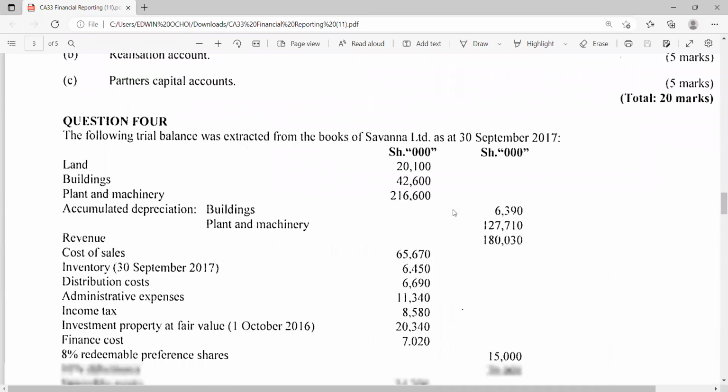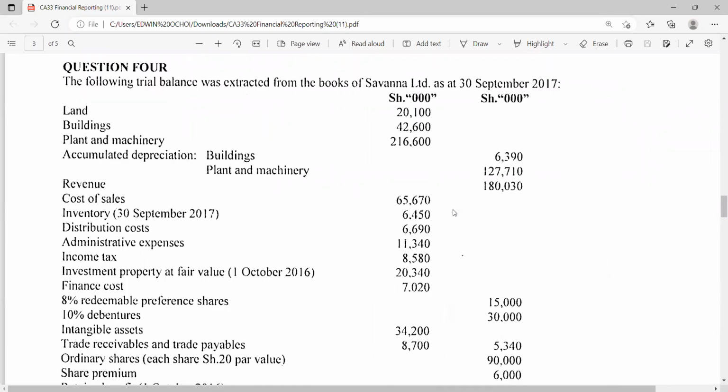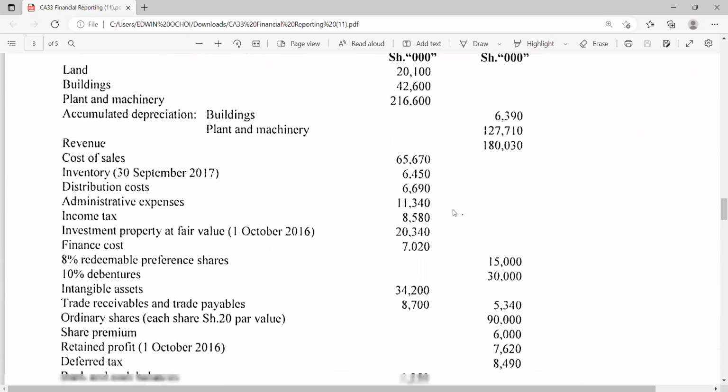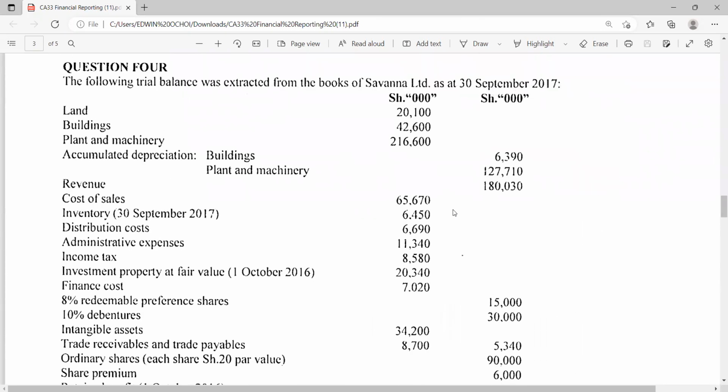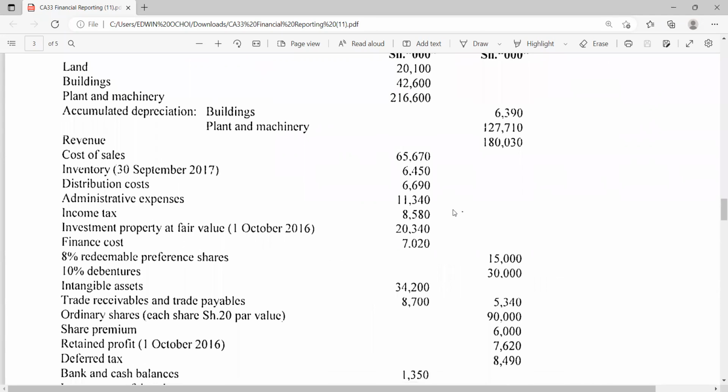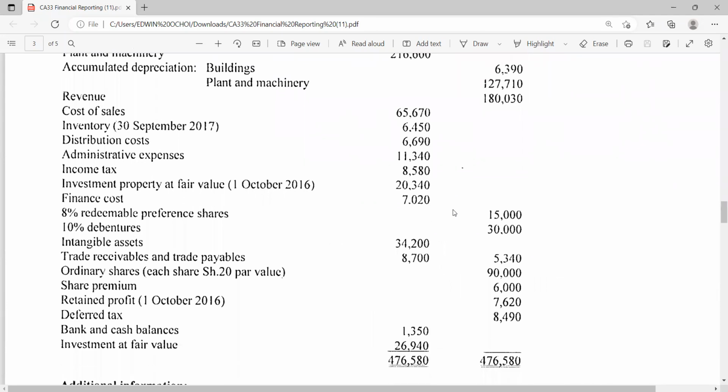November 2017, question 4. So they were saying that the trial balance was extracted from the books of Savannah Limited as at 30th September 2017. So you will be given a trial balance whereby you can see we have land, building, plant and machinery, accumulated depreciation, revenue, cost of sales, inventory, distribution cost, administrative expense, income tax, investment property at fair value, finance costs.